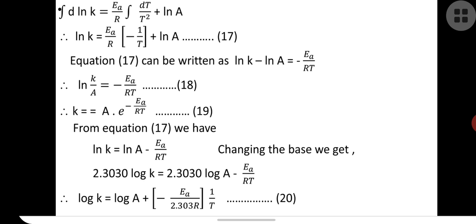Now, by changing the base to 10, we get 2.303 into log k is equal to 2.303 into log A minus EA upon RT. Therefore, by rearranging, log k is equal to log A plus bracket minus EA upon 2.303 R bracket complete into 1 upon T.